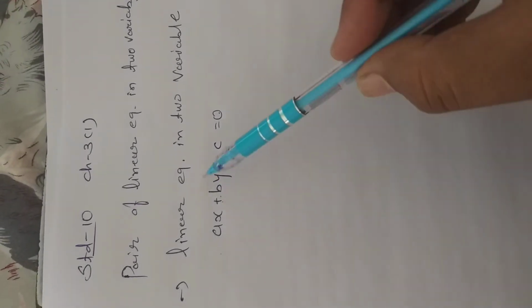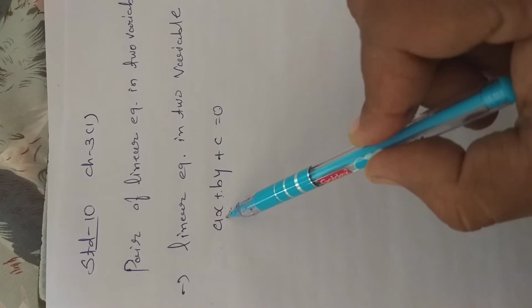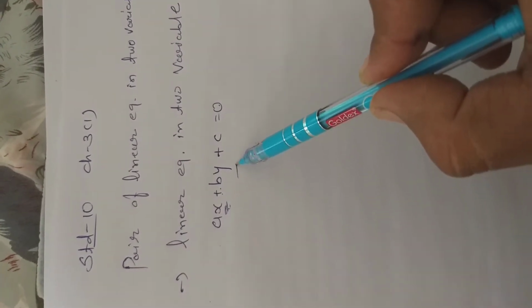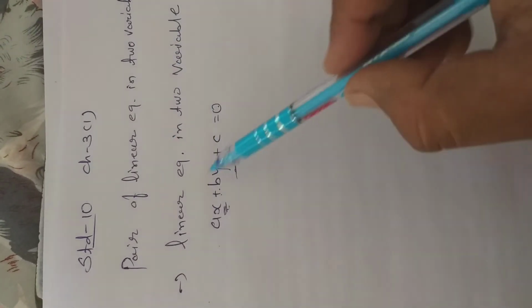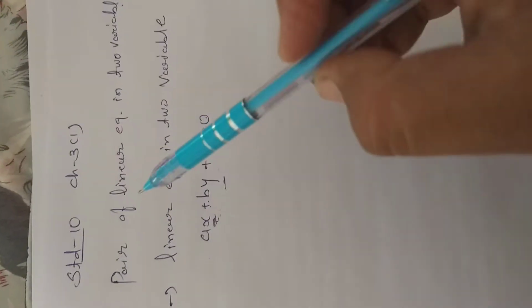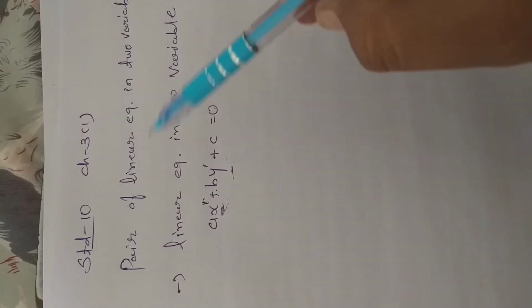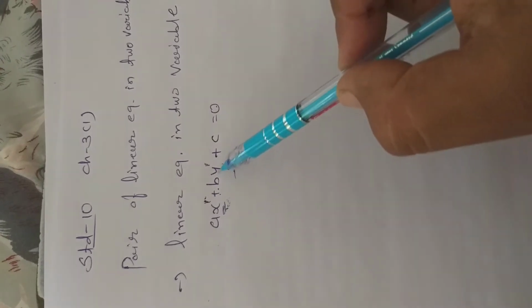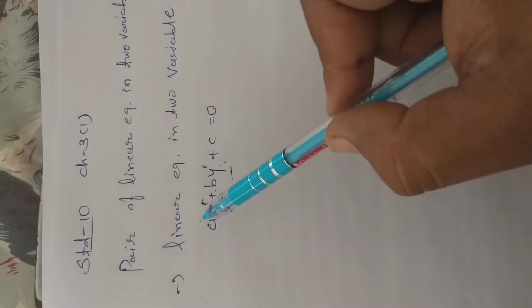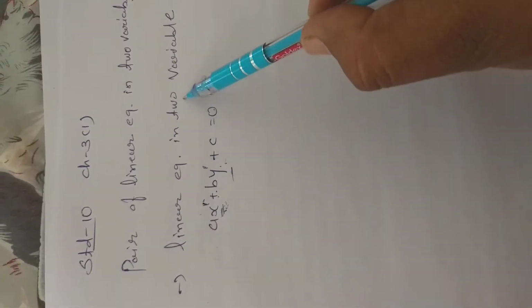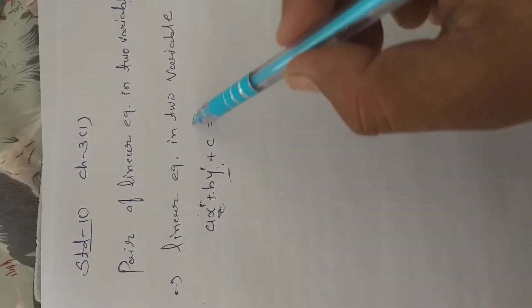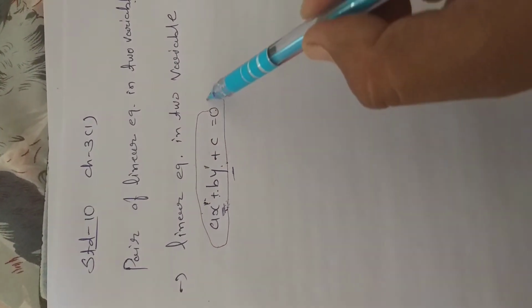As we can see here, there are two variables, x and y. Why is it called linear? Because power of variable is maximum 1, so the equations are known as linear equations. And as there are two variables, x and y, it is called linear equations in two variable. That is the standard form of linear equation in two variable.